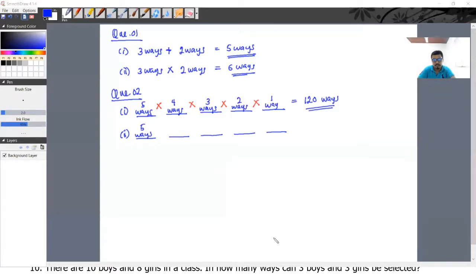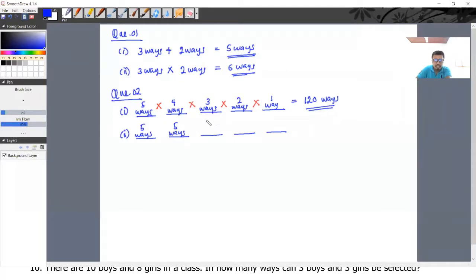Yes. If the repetition is allowed, it means if I have put 1 here, again I can use 1. Then again for this place also I can use either 1, 2, 3, 4, or 5. I have 5 options, 5 ways.